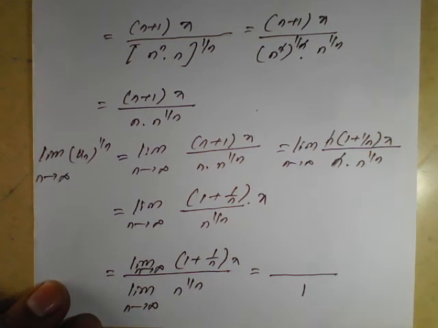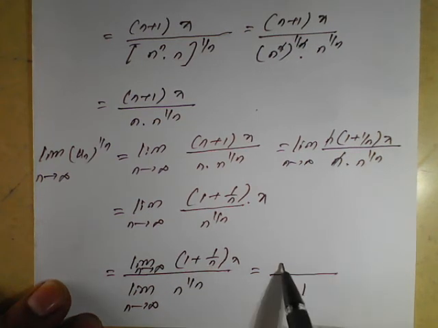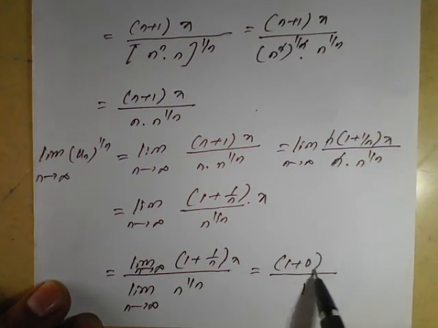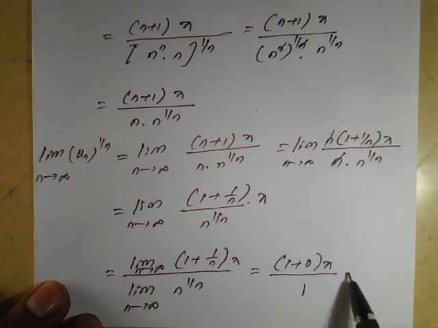You can refer to the notes, as well as the example we have seen based on this. Now in the limit as n tends to infinity, you apply n as infinity. So 1 upon infinity is 0, and 1 plus 0 is what we are left with. I will write here 1 plus 0 into x as it is.